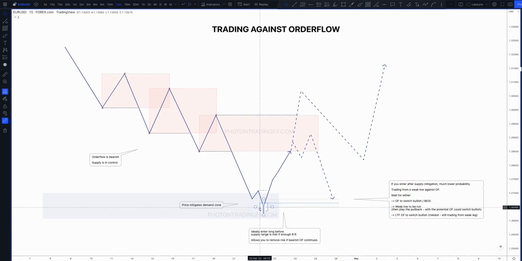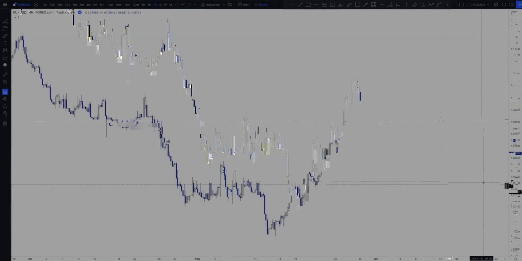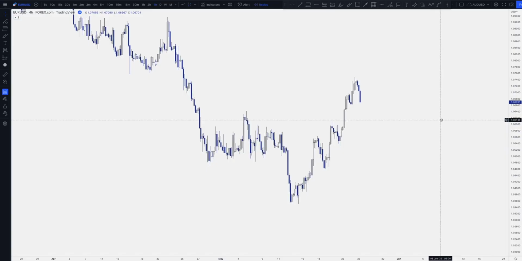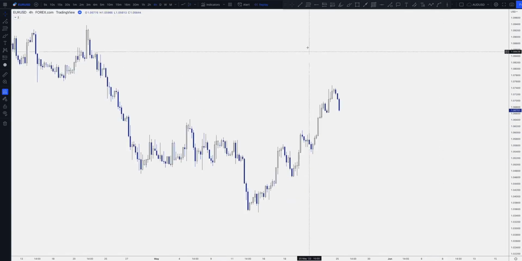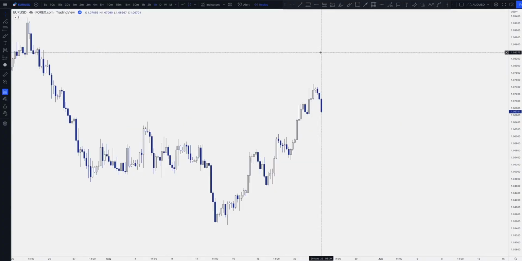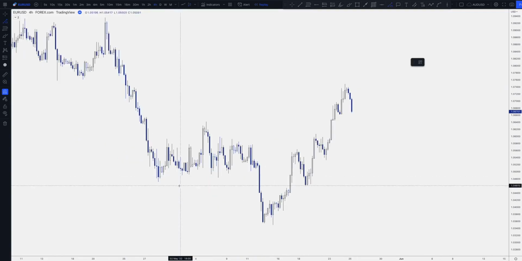So let's take a look at a typical example of how order flow can potentially help us avoid some losses, when we can trade against it, and when we should, to see if it will shift, based on higher time frame analysis. The 4 hour was bearish, with a big break of swing structure that we've had.